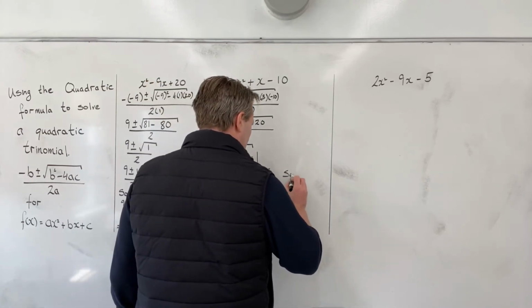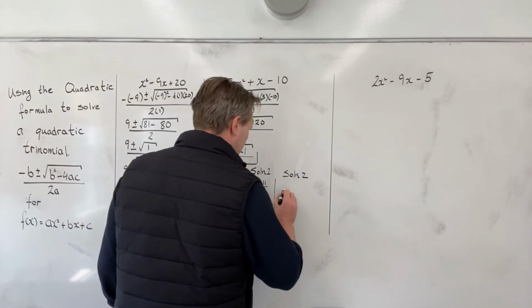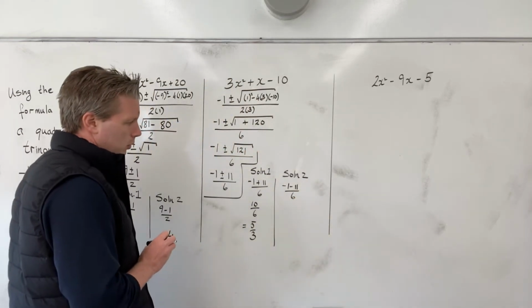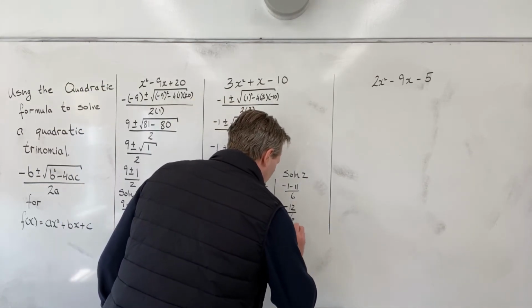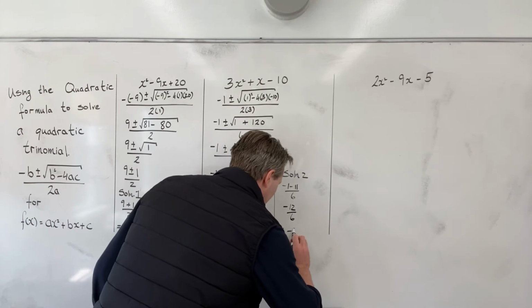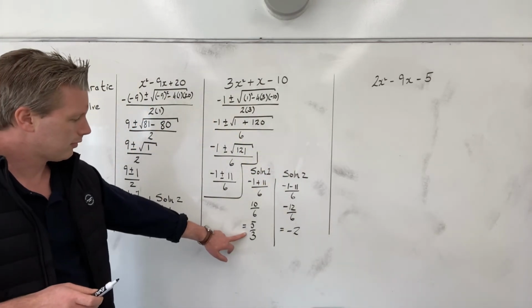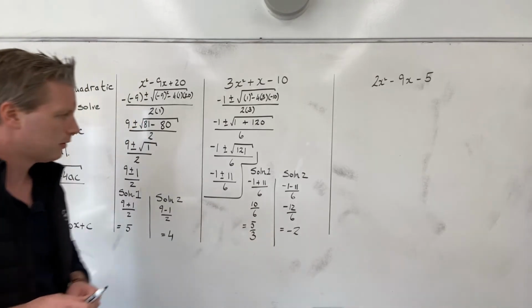My second solution is minus 1 minus 11 over 6. Minus 1 minus 11 is minus 12 over 6, which is negative 2. And so I get two solutions: my first solution is 5 over 3, and my second solution is negative 2.